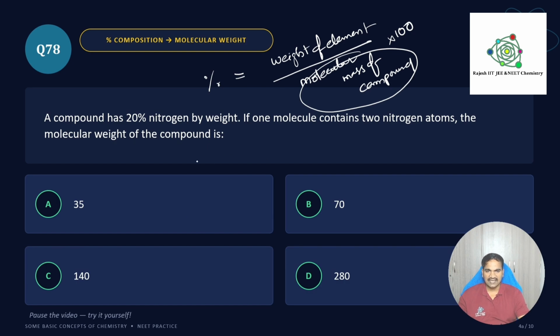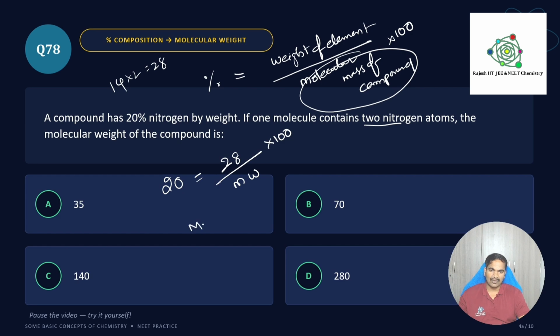In this case, the percentage is already given. 20 is equal to, they said one molecule contains two nitrogens. One nitrogen is 14, two nitrogens means 28. So here you have to take 28 divided by, you don't know the molecular weight of the compound, so you take it like this.